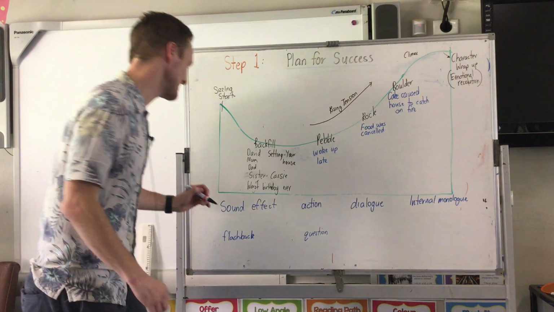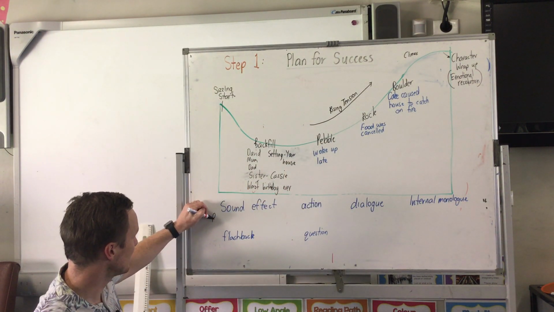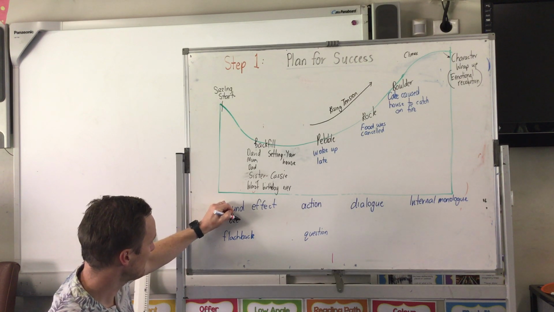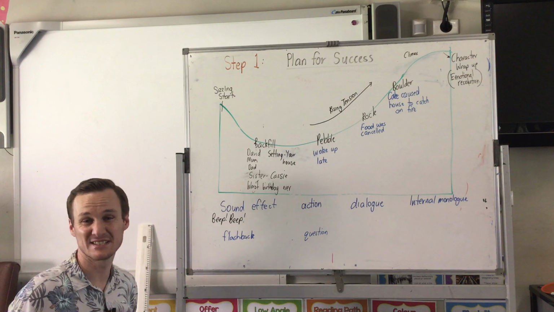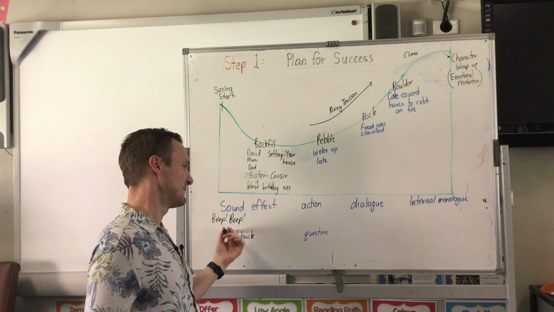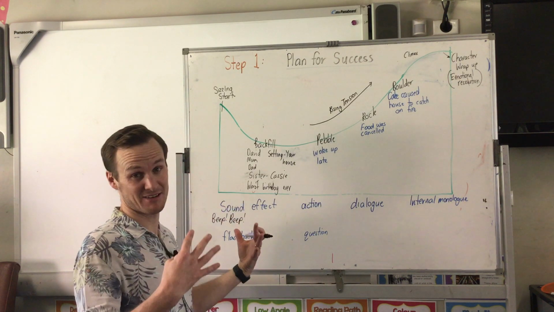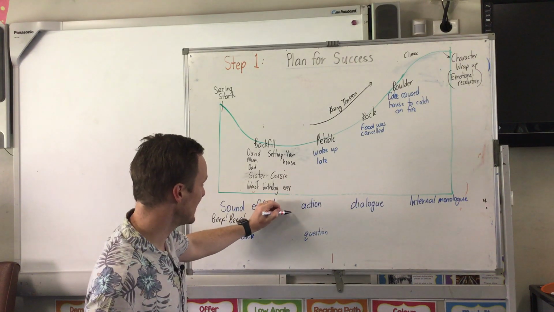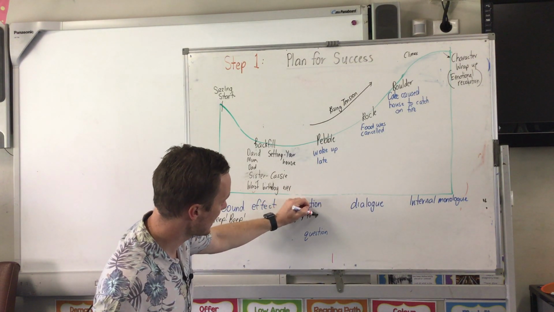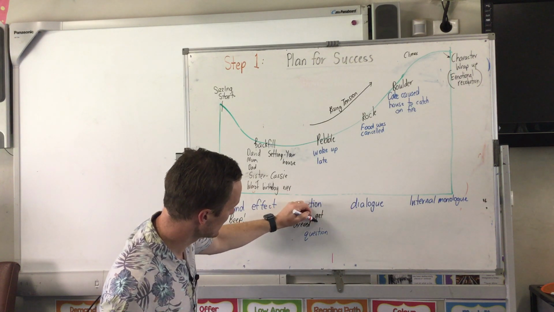So the first one, I would go sound effect. Well, if your character wakes up late, maybe your sound effect could be the beep, beep of the alarm. That would be a good sound effect. There's not really another sound effect that would make sense for the start of that. Action: maybe your character's just woken up and they're frantically running around, trying to get dressed quickly.